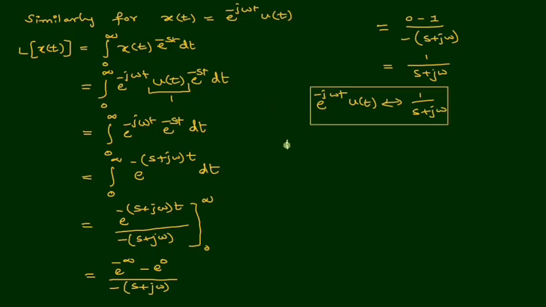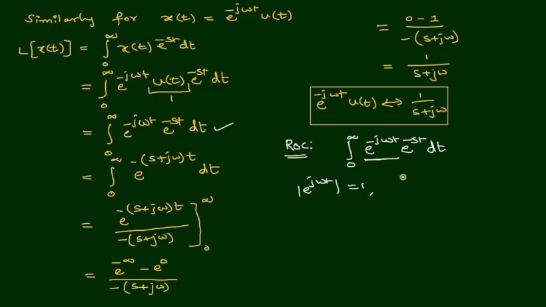Now we also write the ROC for this function from the expression integral 0 to infinity e power minus j omega t into e power minus st dt. If we observe this expression, the magnitude of e power j omega t is 1 irrespective of the value of t.